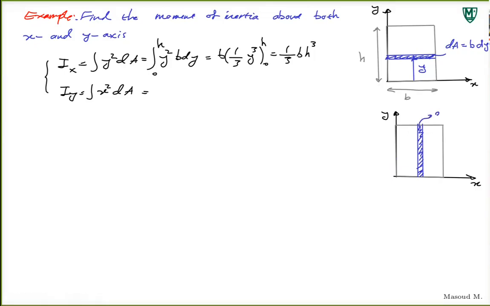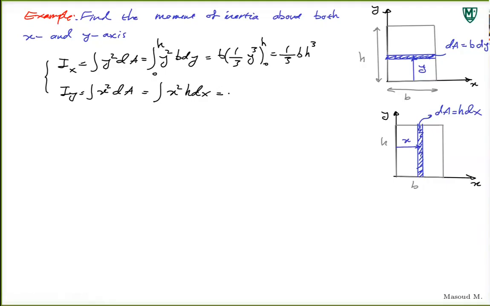This is now dA, equal to: this side is h, this side is dx, so the area is h times dx, and this distance is x. So I replace dA: integral x squared, dA is h dx.